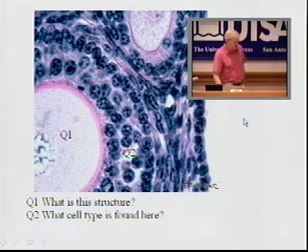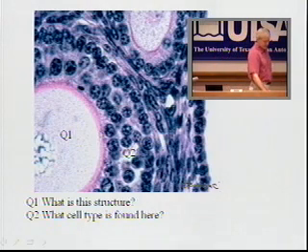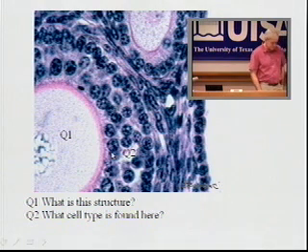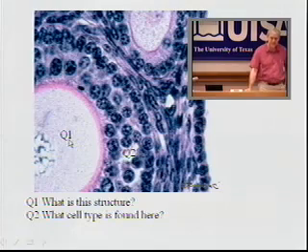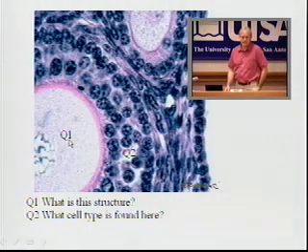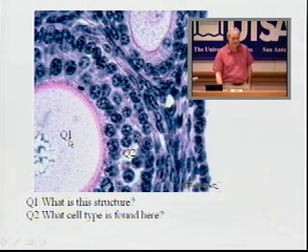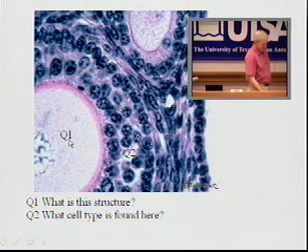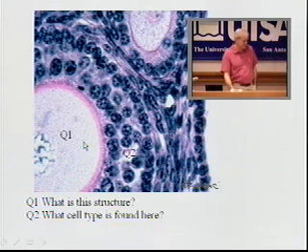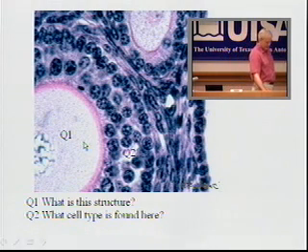Then here we have a slide with a couple of questions on it. You can see Q1 and Q2. So Q1, what is this structure? The primary oocyte, right? Because we don't have an antrum.